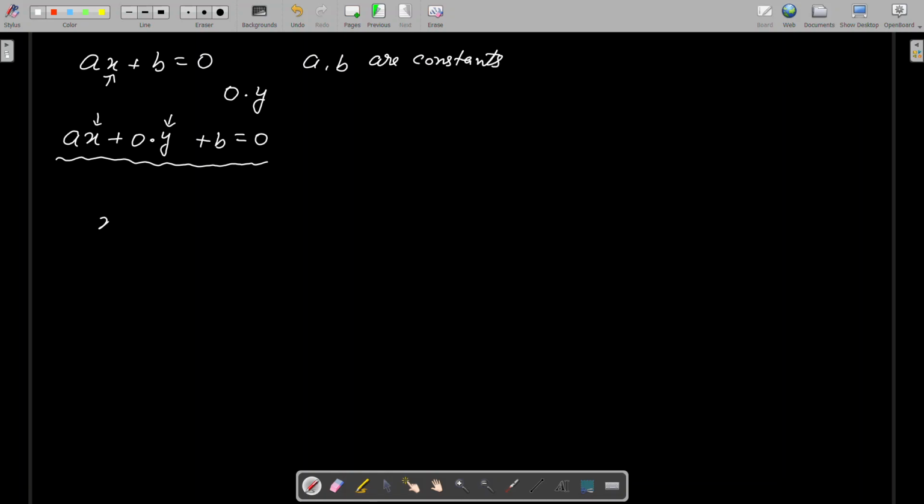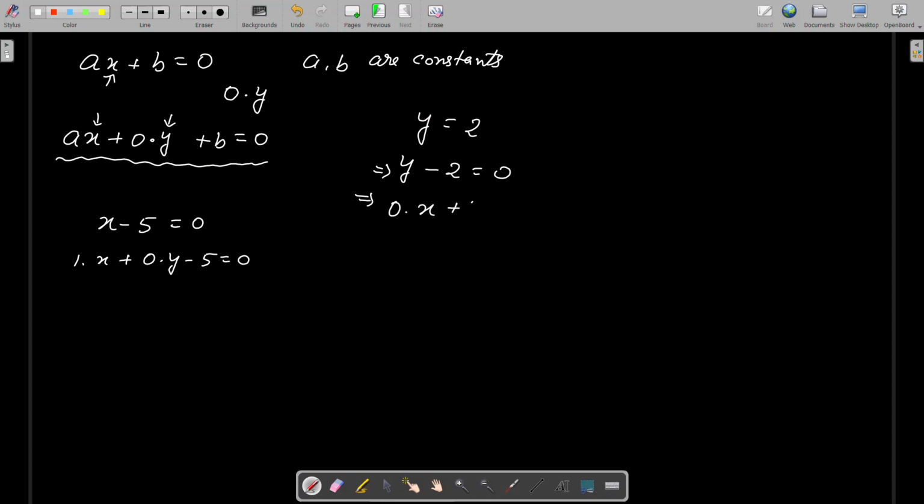In general, if I have x minus 5 is equal to 0, then it can be written as 1 into x plus 0 into y minus 5 is equal to 0. If you have y is equal to 2, it can be written as y minus 2 is equal to 0, or further it can be expressed as 0 into x plus 1 into y minus 2 is equal to 0.